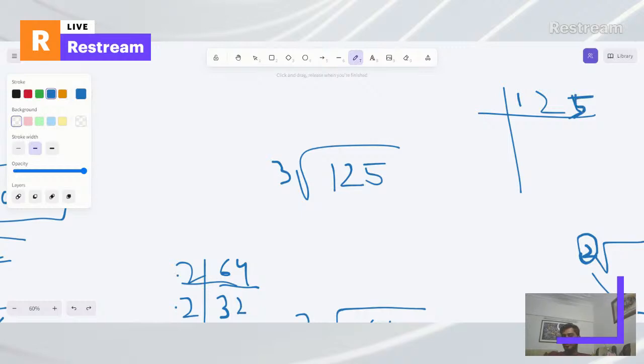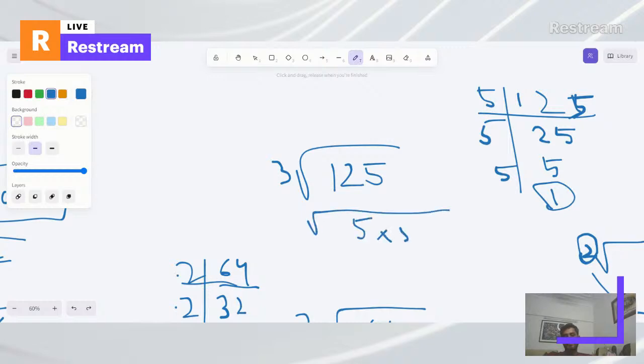Can 2 be used to divide 125? No, 2 can't be used. So we use 5 instead. What are we left with? 25, right? Now we further divide it by 5, so we're left with 5. Now we divide again by 5 and we're left with 1. So this is where we stop. We just have to write down 5 times 5 times 5 under the cube root.